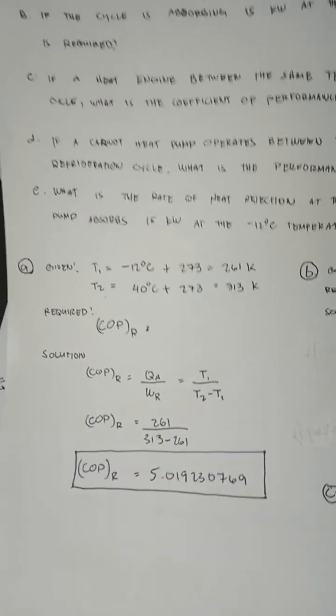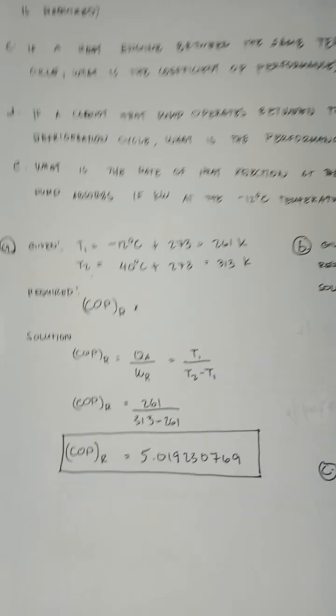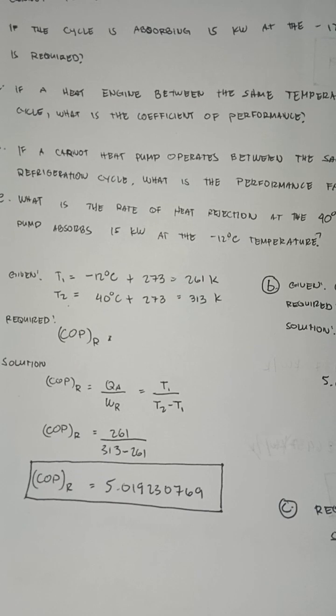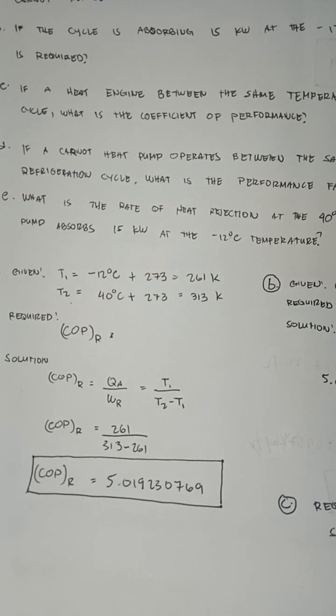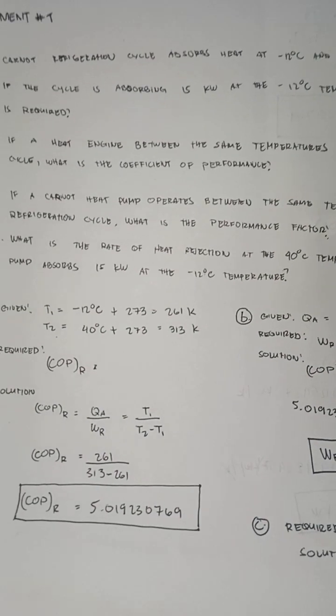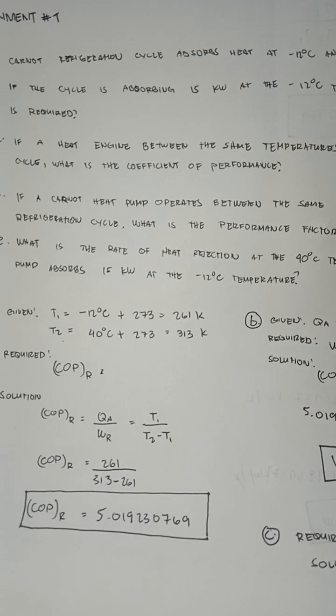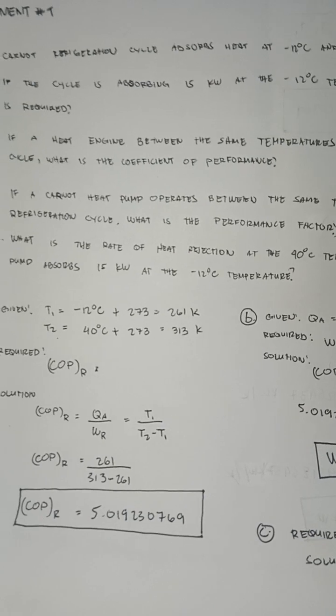So A, not given. T1 equals negative 12 degrees Celsius, so you take the absolute value plus 273, equals 261 Kelvin.